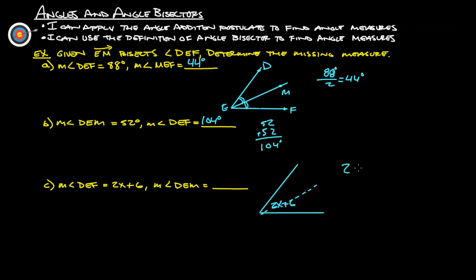So that means we just have to take 2x plus 6 and divide that whole thing by 2. So we're going to divide each piece by 2: 2x over 2 plus 6 over 2. And then we just simplify. 2x over 2 is x, 6 divided by 2 is 3. So that's going to be x plus 3.